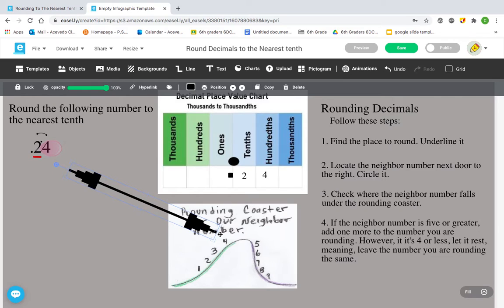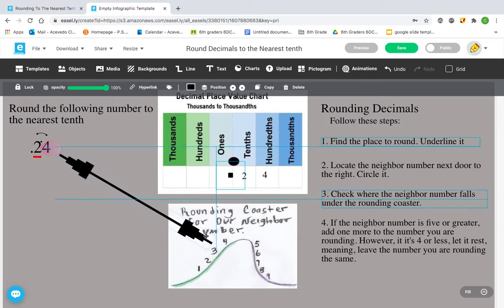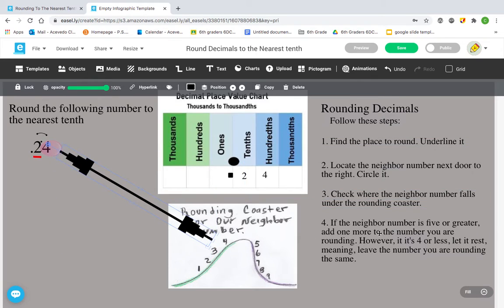I go to my next step. It says, if the neighbor number is 5 or greater, add 1 more to the number you are rounding.